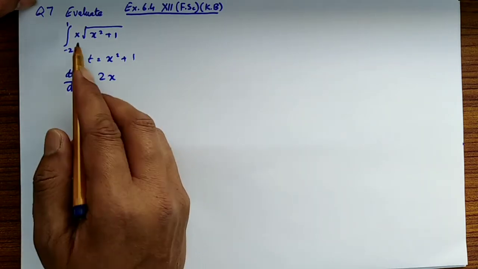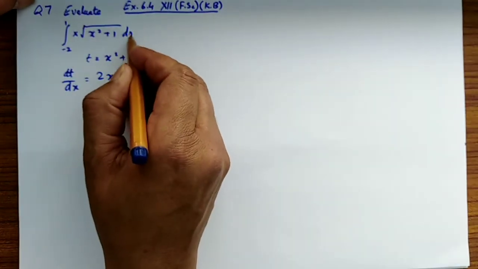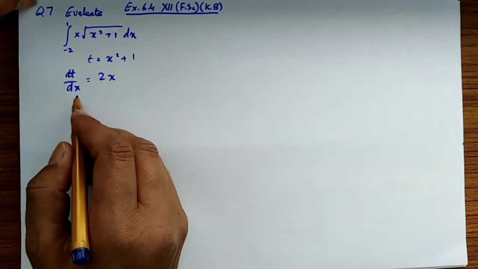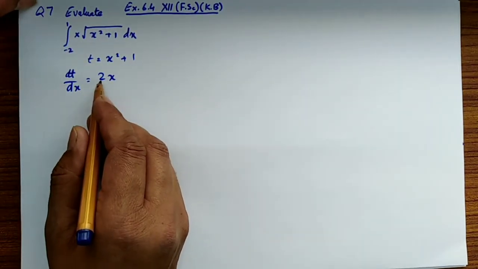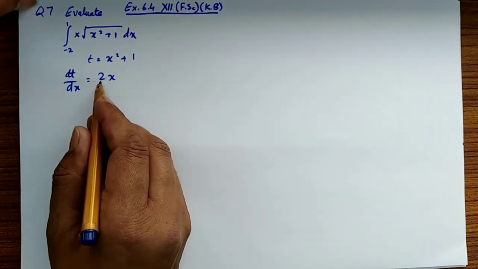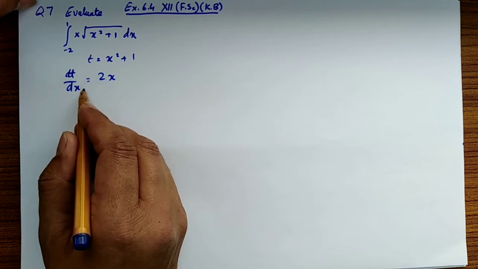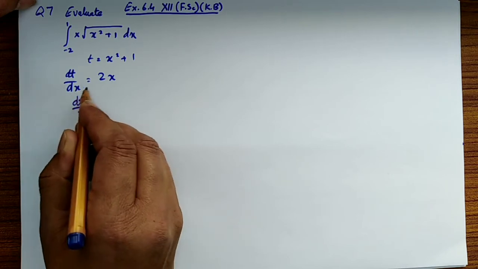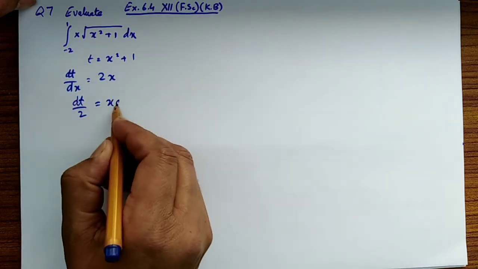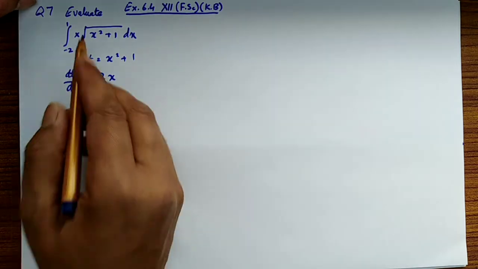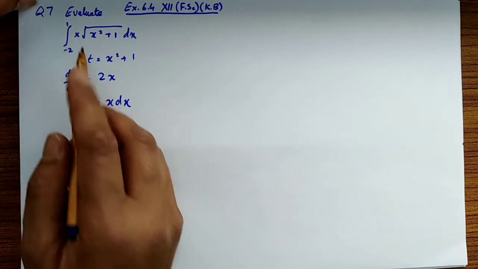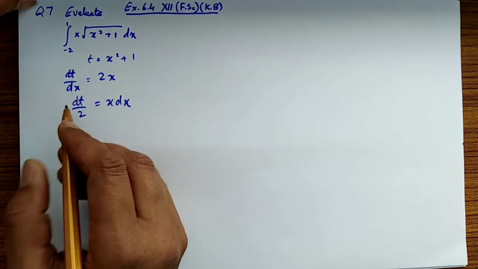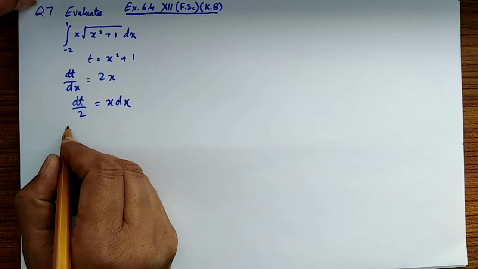To get this x dx, I have to do a cross multiplication, like multiplying 2 down here in the denominator of dt and moving this dx up here with x dx.